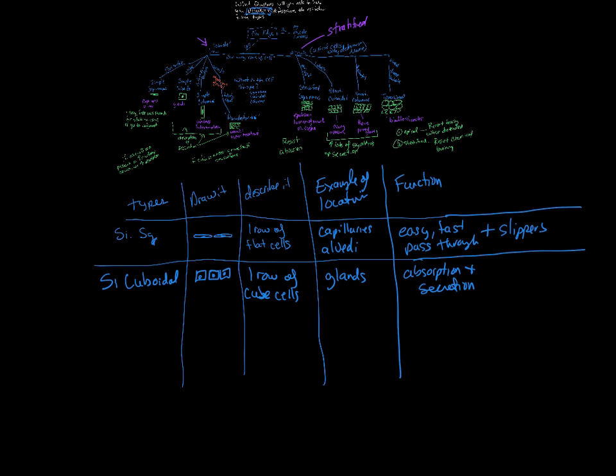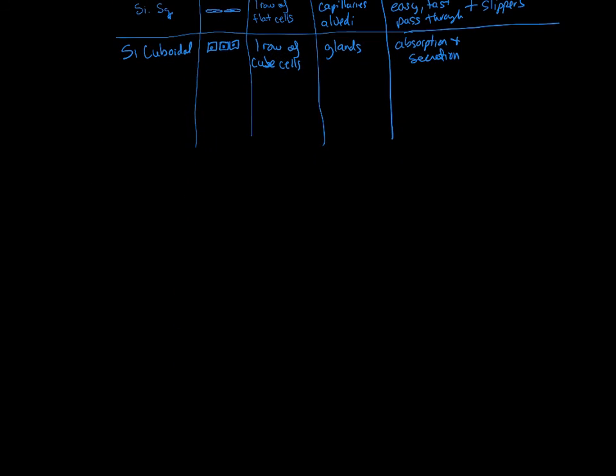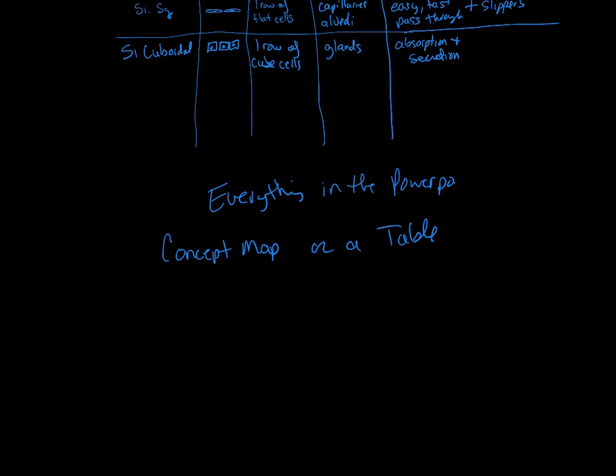But pretty much everything in this course you want to be taking out of the PowerPoints and putting into either a concept map or a table. Everything in every PowerPoint, you need to rewrite it and organize that information into a format that makes sense to you and is easy and fast for you to study.